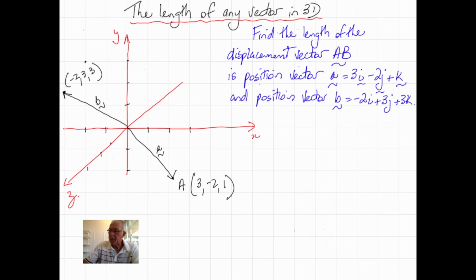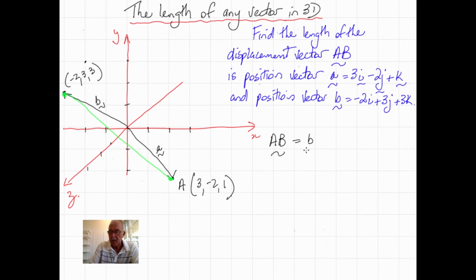So the length of the vector we've got to find is this vector here, from there to there. To find vector AB, it would be useful to find vector AB first. To find a displacement vector, it is just the second one minus the first one.